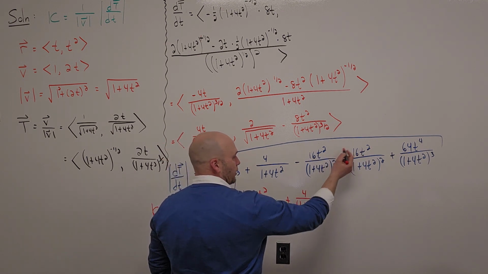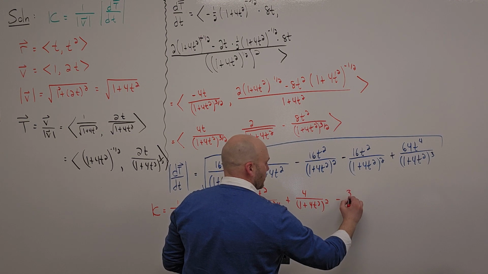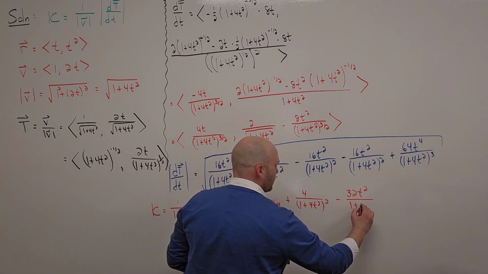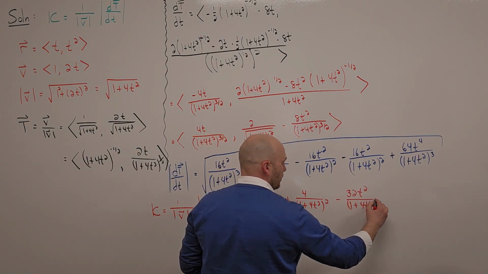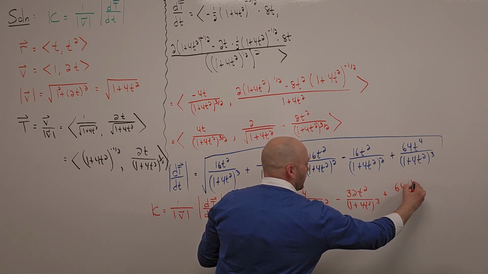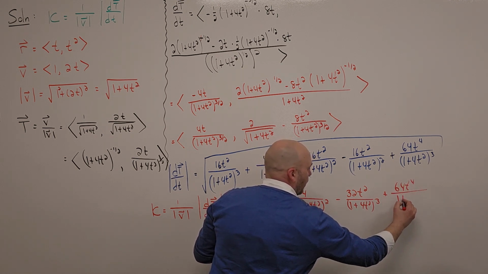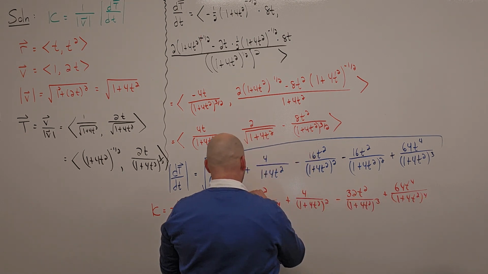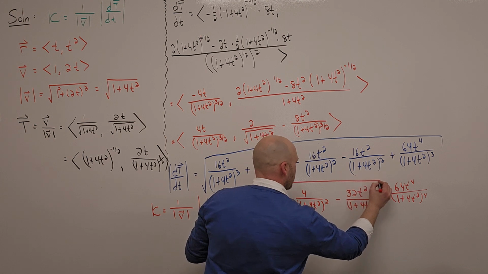Here there's 32 of those, so I've got minus 32t squared over 1 plus 4t squared, cubed, and then plus 64t to the 4th over 1 plus 4t squared to the 4th. And I think we are just about done.